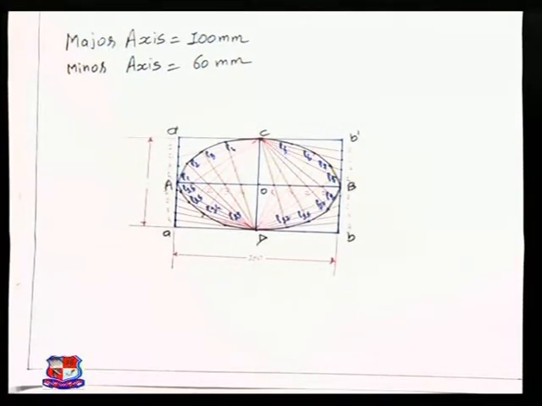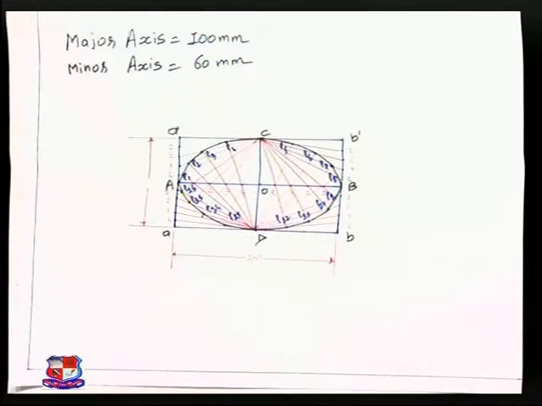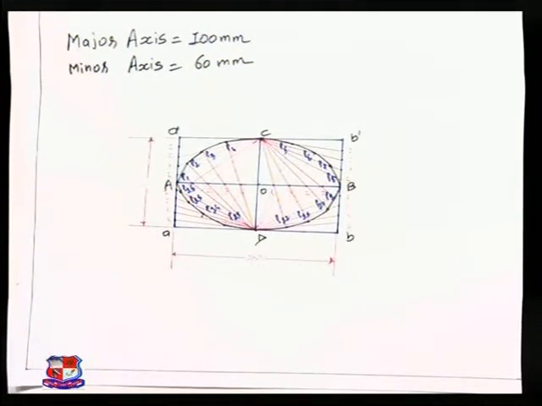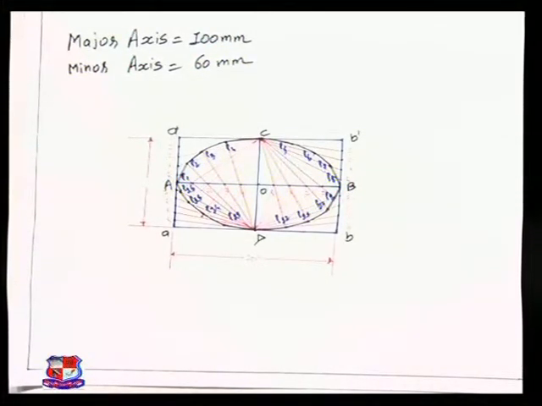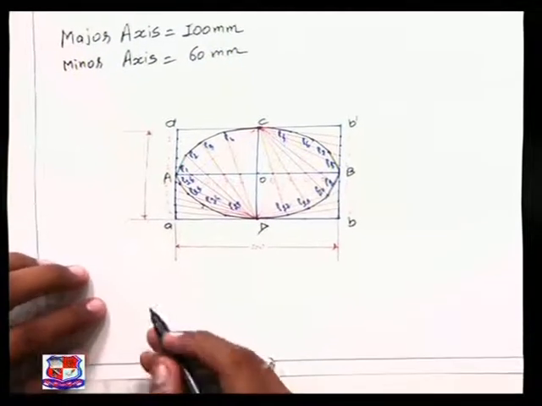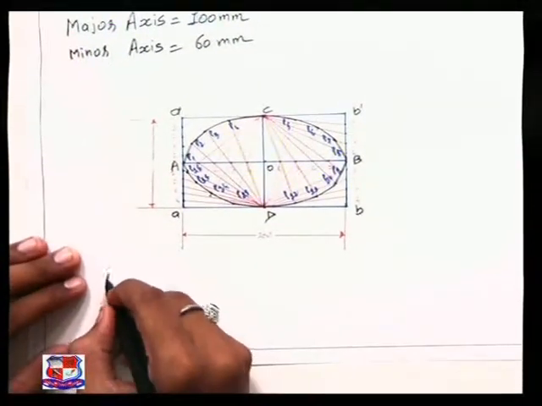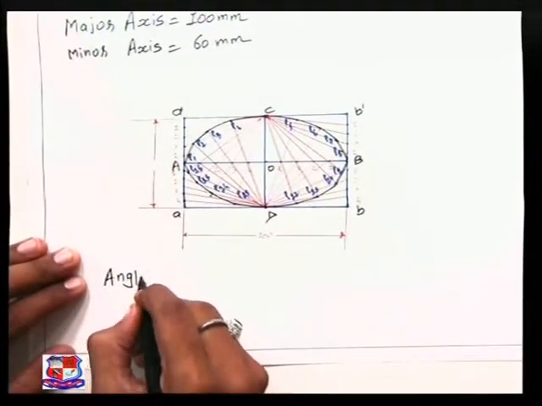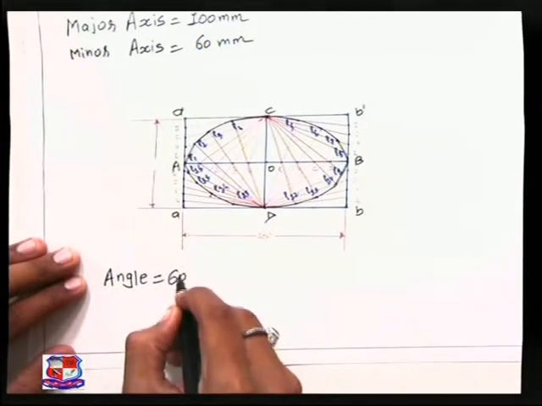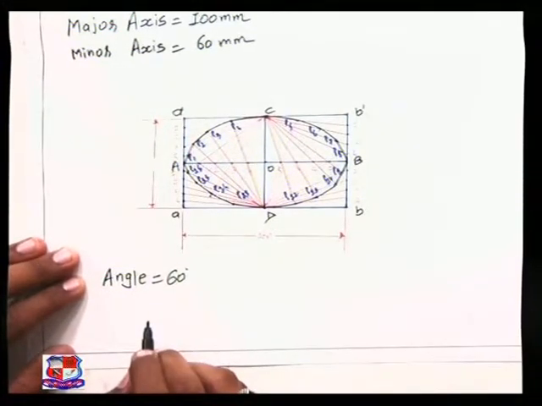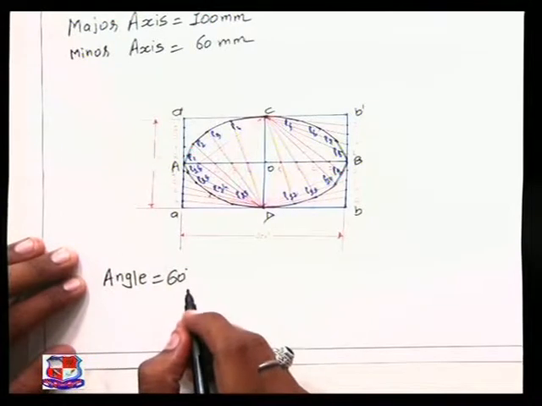In this problem there may be one twist. If they have given an angle, they might add an angle equal to 60 degrees or anything else.